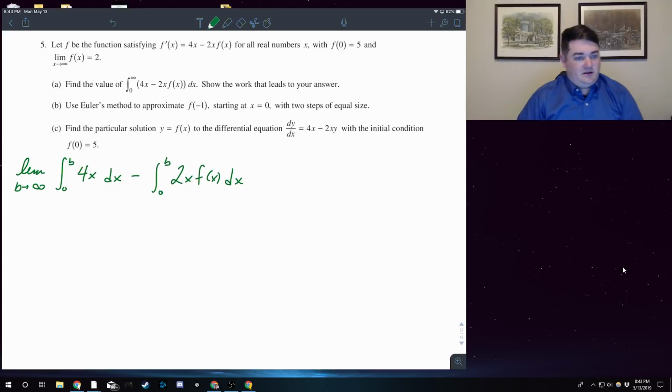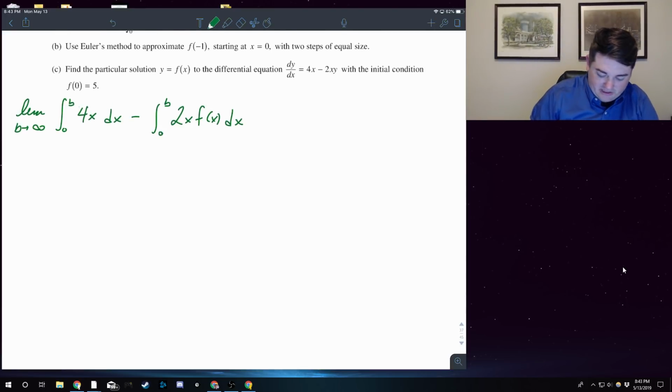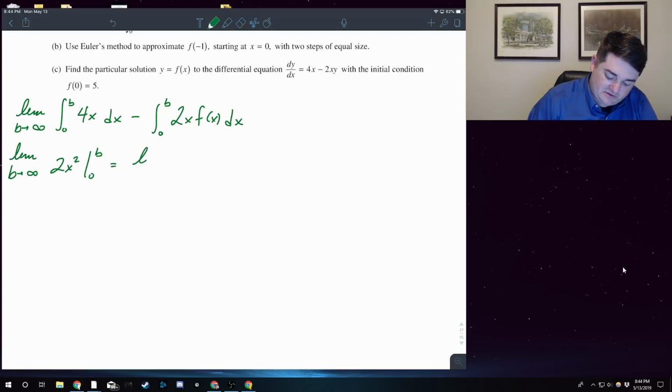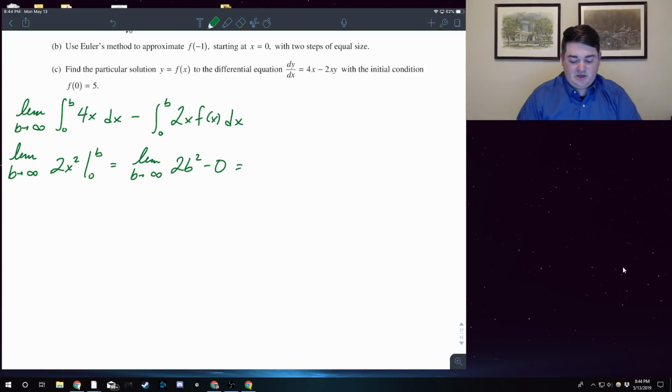I'm going to follow my gut here and work out the first integral. I've got the limit as b goes to infinity of 2x squared evaluated from 0 to b, which equals the limit as b goes to infinity of 2b squared minus 0, which equals infinity, which diverges.